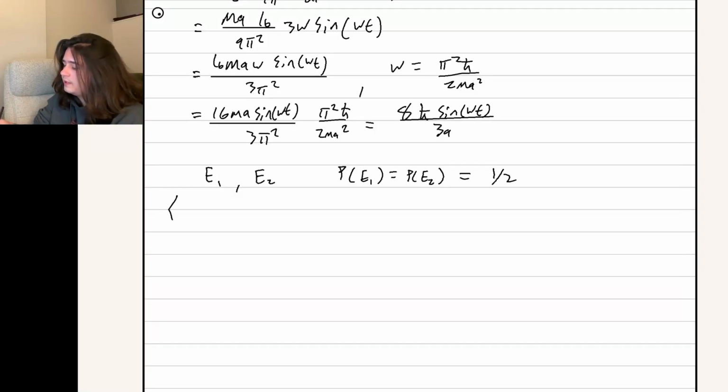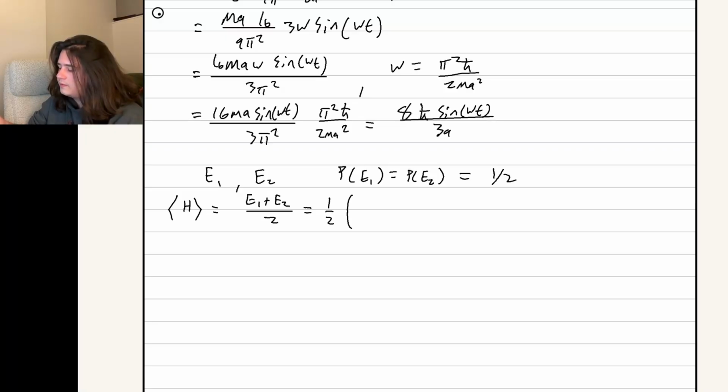Also, you can calculate the expectation value of energy, which will just be the average of the two possible energies. So it's going to be 1/2 of, using the definition of the energies for the particle in the box, pi squared h bar squared over 2ma squared, that's E1, and then E2 is 2 pi squared h bar squared over ma squared.